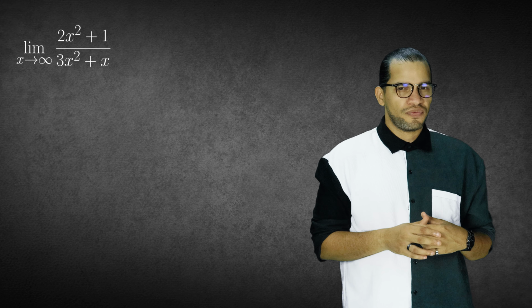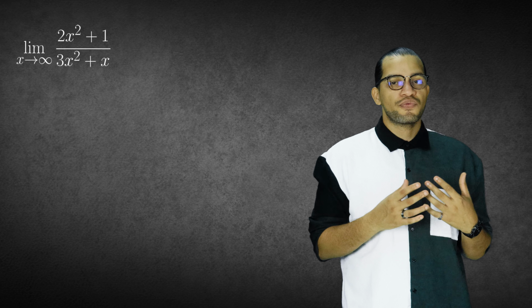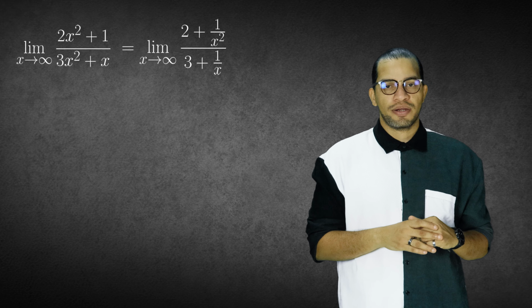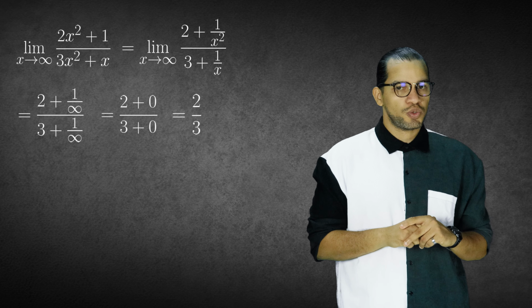Finally, let us analyze what happens when we have two polynomials and they have the same degree. For example, the limit when x goes to infinity of 2x squared plus 1 divided by 3x squared plus x. If we divide by x squared and we do the naive substitution, we can notice that we get 2 over 3.